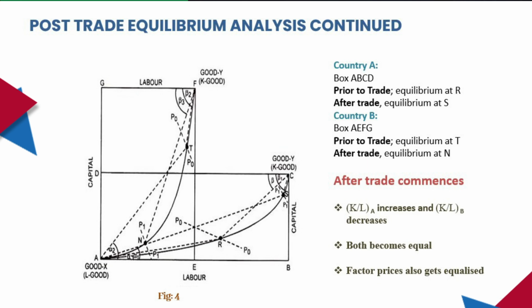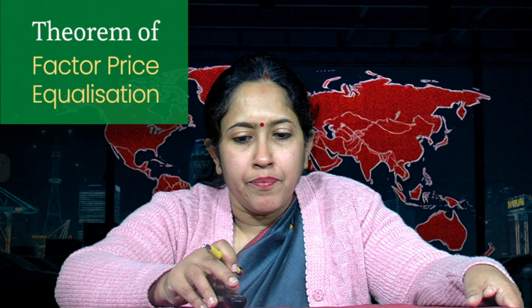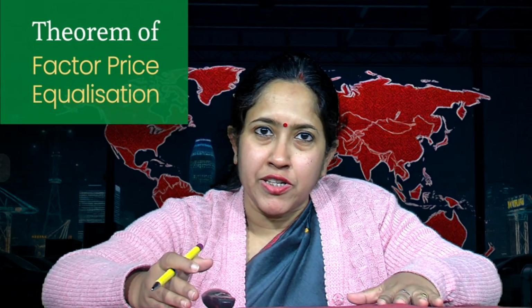And if we relate to the diagram, we'll find that the P1 line showing the factor prices at point N is parallel to the P1 line at point S in the diagram, which means that they have the same slope. So the factor prices get equalized. So this is the factor price equalization theorem.